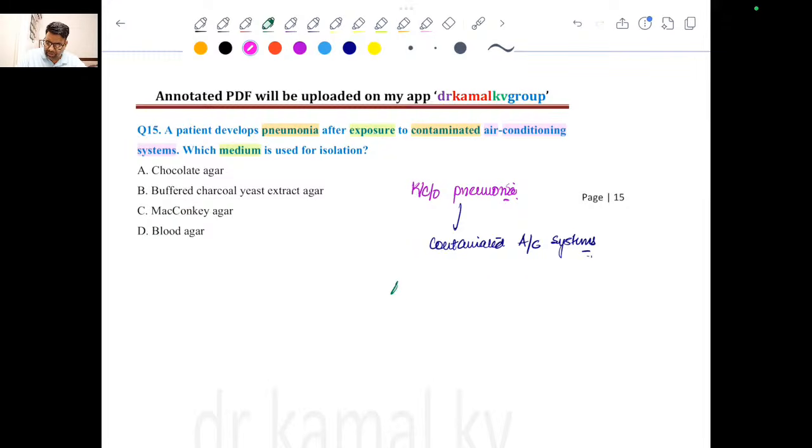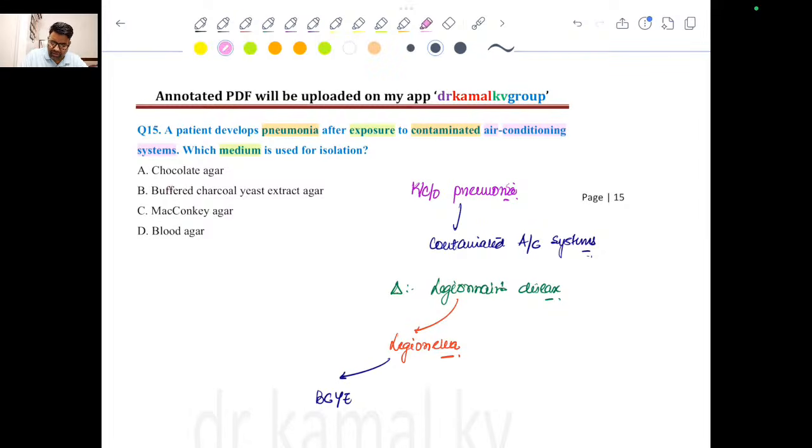So now what is the diagnosis here? So yes, this is actually Legionnaires' disease, and I think most of you will understand that it is caused by Legionella. And for Legionella, the medium which is used is BCYE.